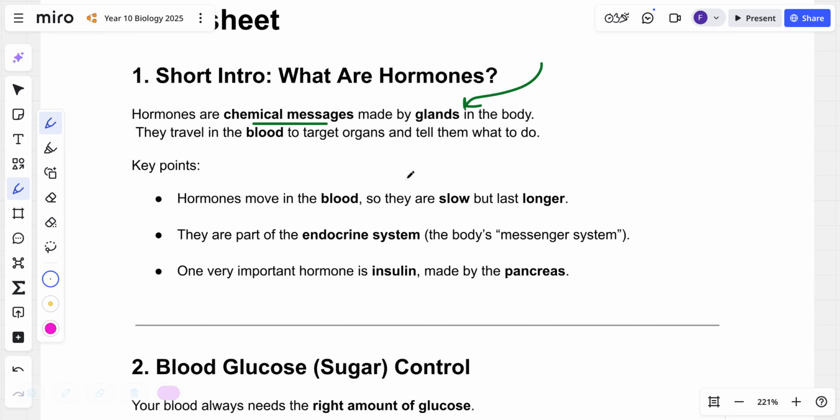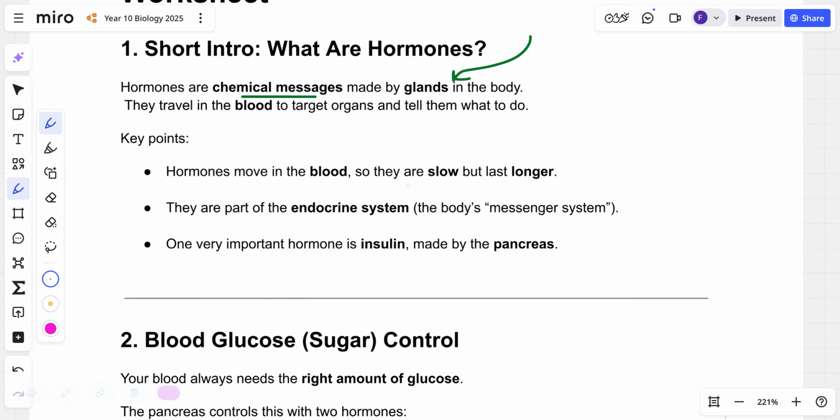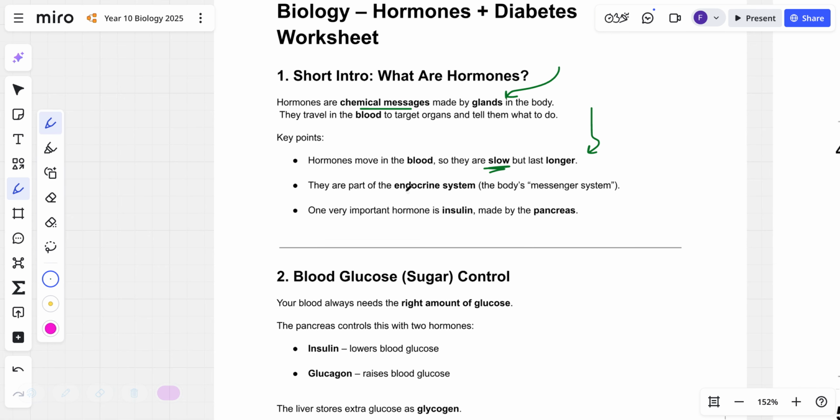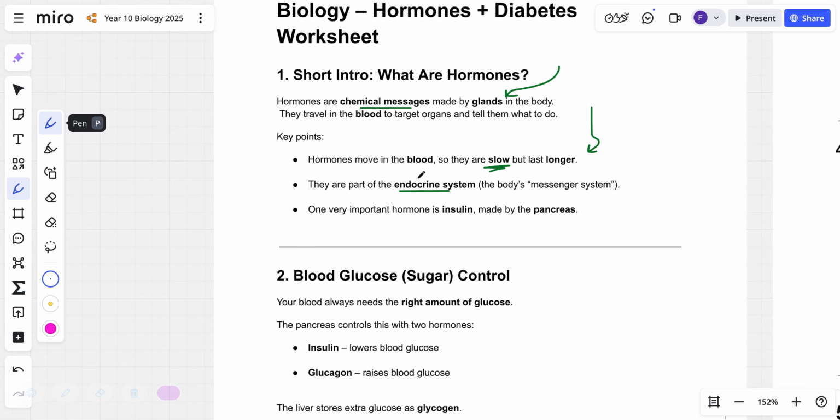They travel by blood. Because they travel by blood, they're far slower than a nervous impulse, but they last longer. There's a word, it's the endocrine system. And that's the whole system within your body that sends messages.